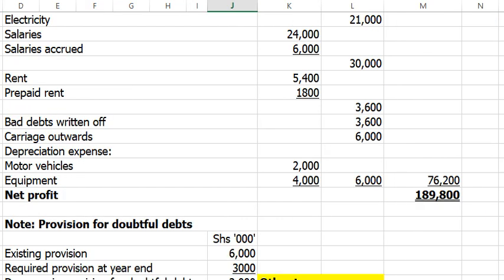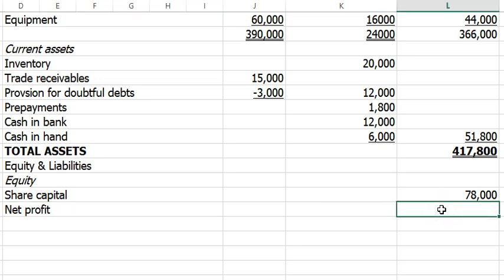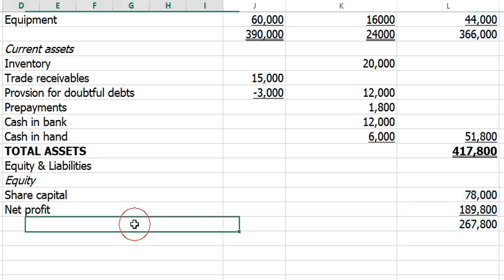Our net profit is 189,800. If it was a loss, then it comes as a deduction, but this is a profit. So when we add this profit to our share capital, we come up with how much? 267,800. That is total equity.